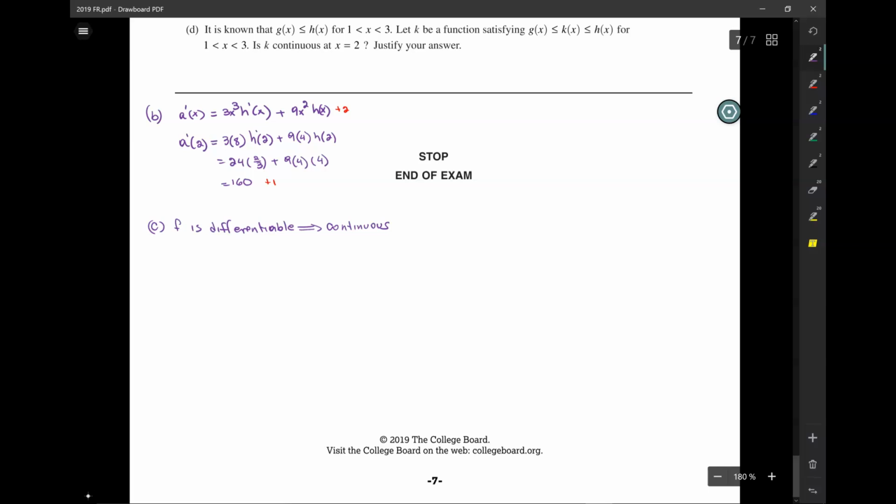What were the conditions for something to be continuous? If something is continuous, then the limit as x approaches 2 of a function exists and it equals f of that value, correct?